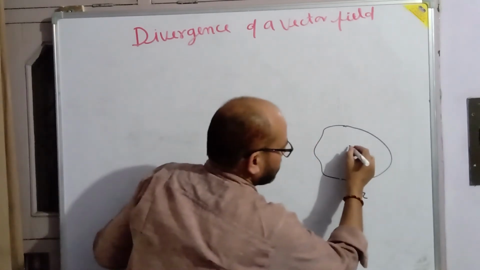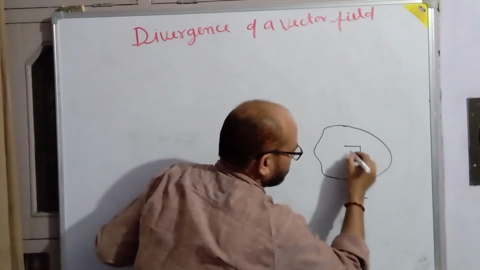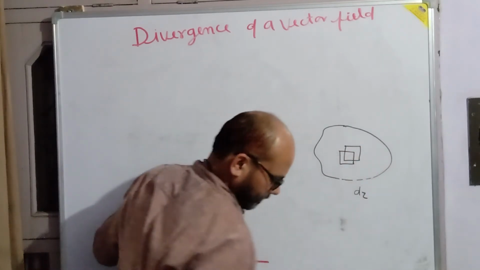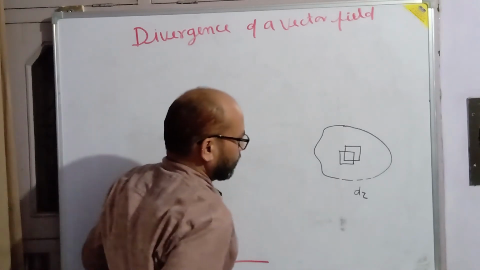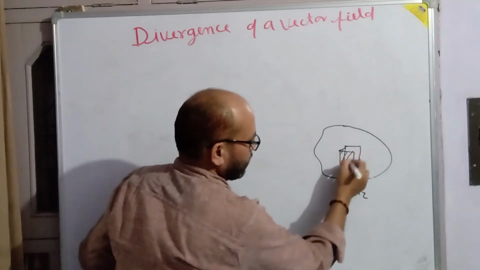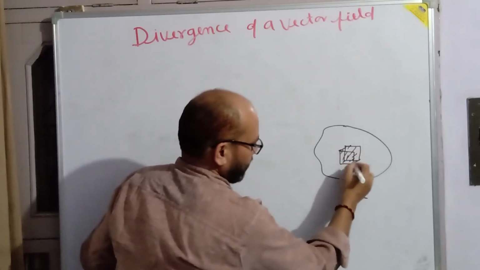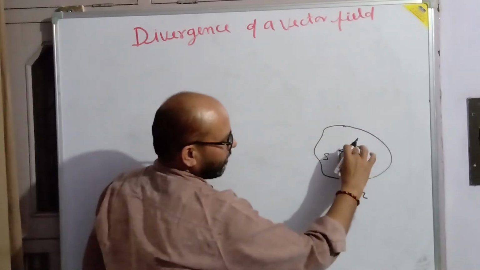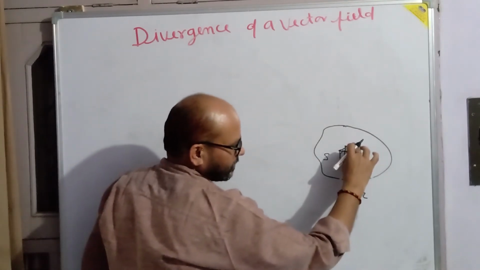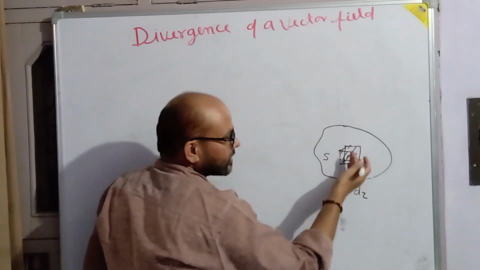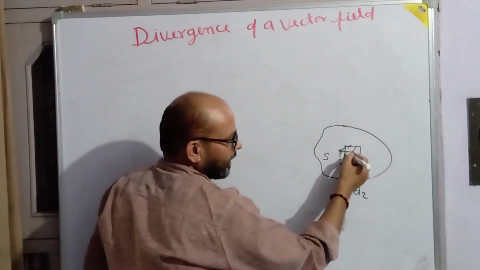Let us take one element at a point P. Let us take a very small surface, and draw the area vector.